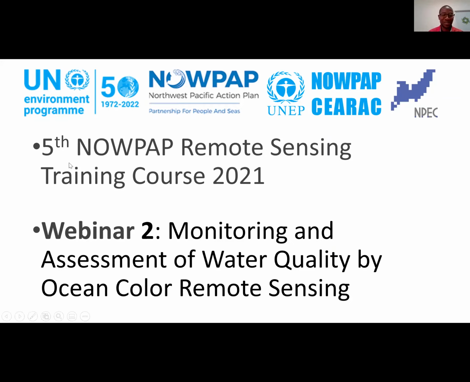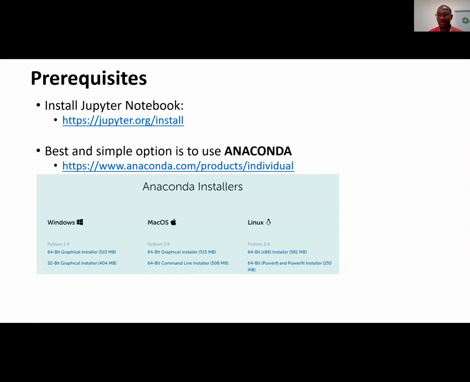Yes, so today we start the hands-on session on webinar 2, monitoring and assessment of water quality by ocean color remote sensing. So before we move on to the hands-on session, I would like to spend some time on the things that we need for this hands-on session.